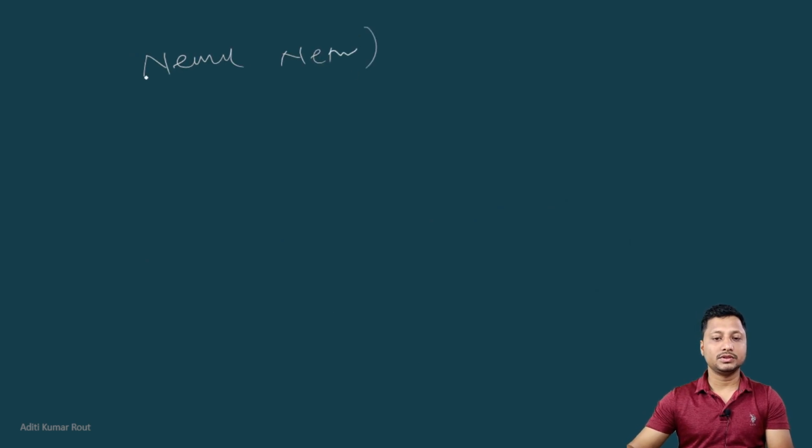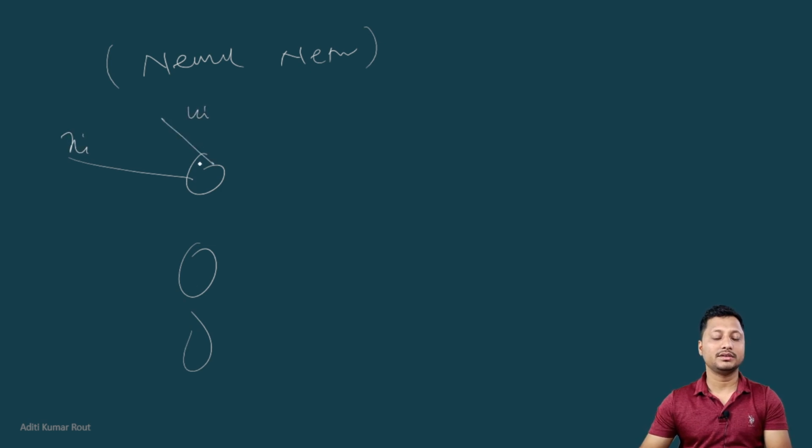If I am talking about a neural network, then certain neurons are connected. Here each and every time xi and wi are different values, and again this is represented with respect to vectors.